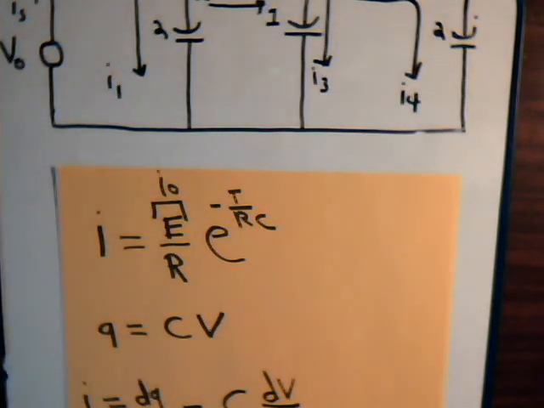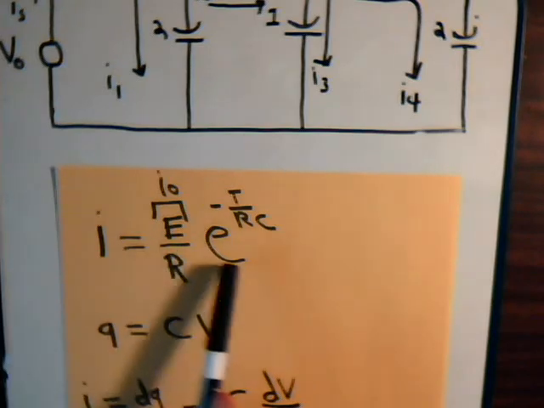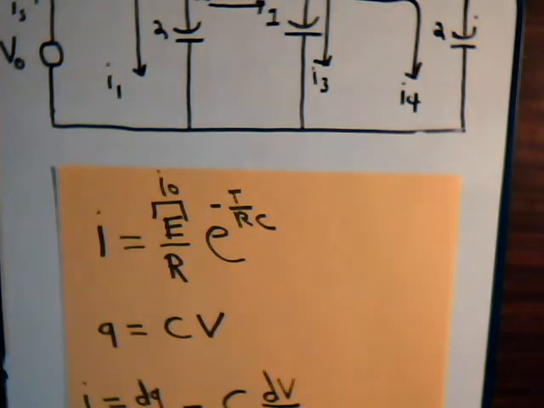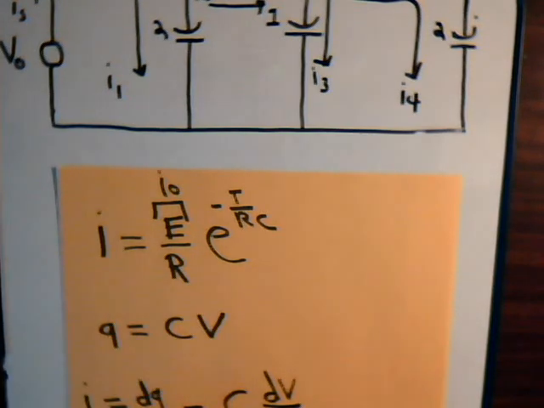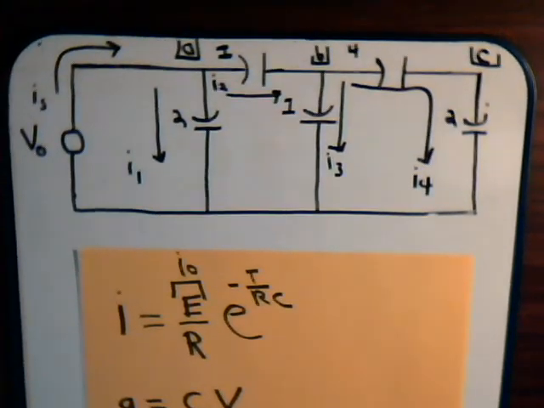Then for a discharging capacitor, it's the same equation, but with a minus sign because the current is going in the opposite direction. But the point is that even with the simplest type of circuit, the current is always going to be changing. And certainly, when we have a more complicated one, these currents are not going to be constant in time.